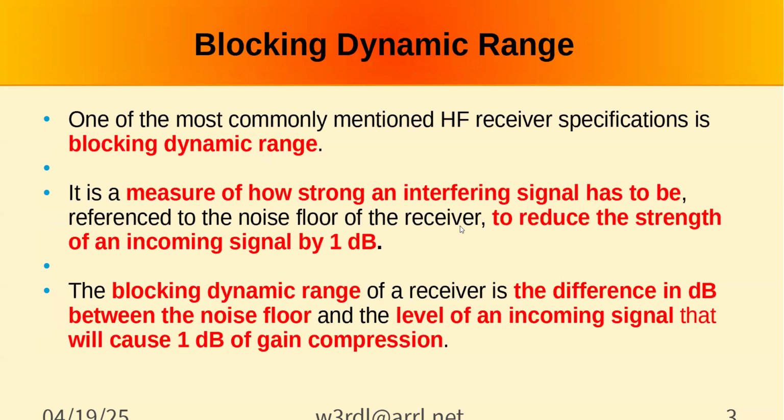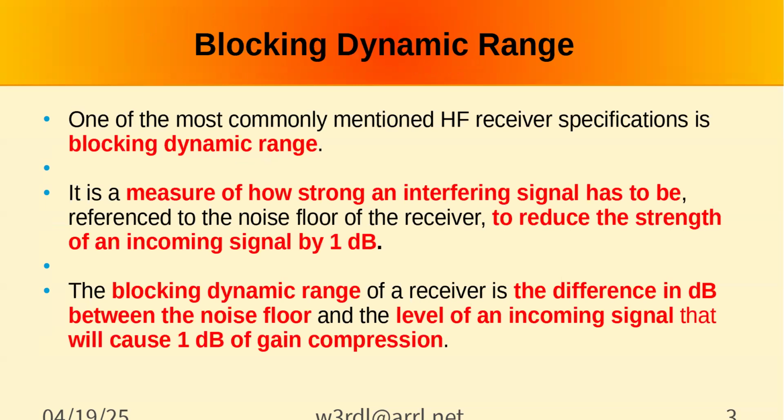One of the main receiver specifications that's used is blocking dynamic range. It's the amount of range from minimum signal to maximum where you have what they call a 1 dB compression.